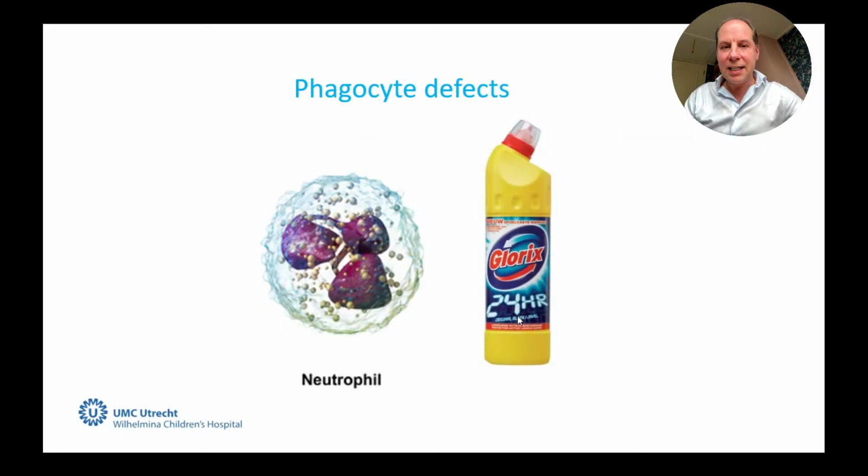And the bleach inside the bacterium also activates enzymes that cut up proteins of the bacterium to kill them, proteases. But we know there's some diseases where this process is malfunctioning, and they are called phagocyte functional defects. And this is another issue that may occur also in Jacobsen's syndrome.